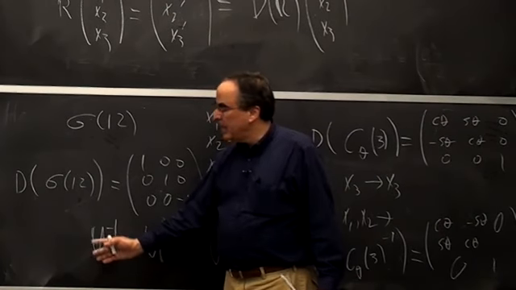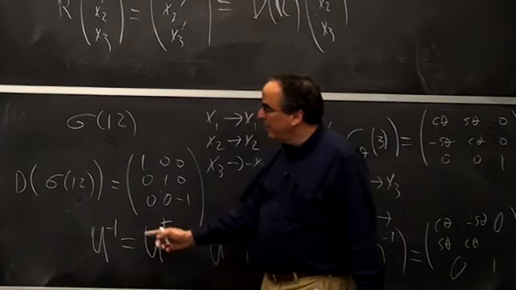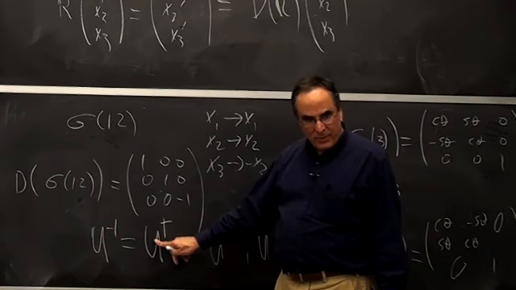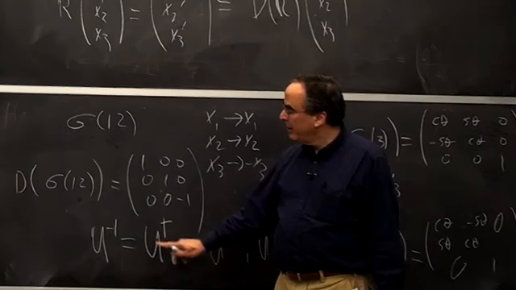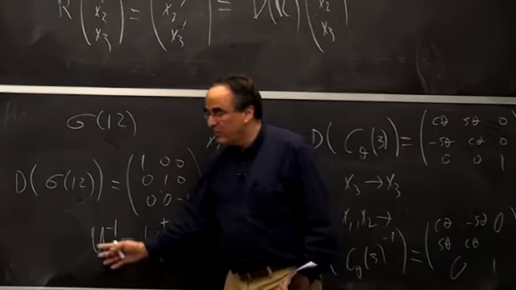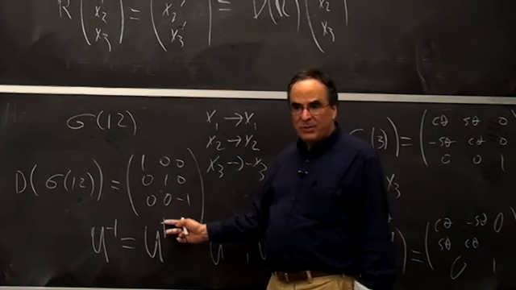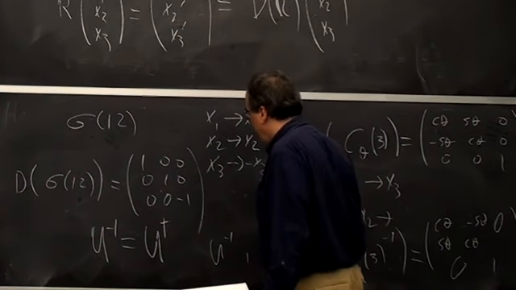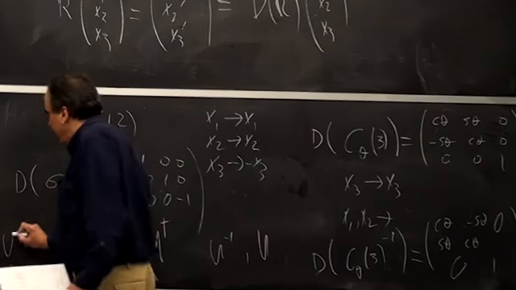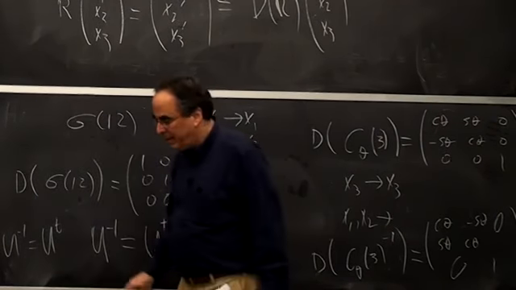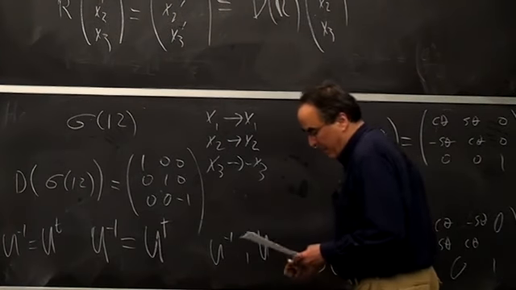If the transformation operator is unitary, then you can get the inverse simply by taking the conjugate transpose. If the matrix is real, then you don't need the conjugate transpose, you just need the transpose. And so u minus 1 is equal to u dagger, u T, sorry.